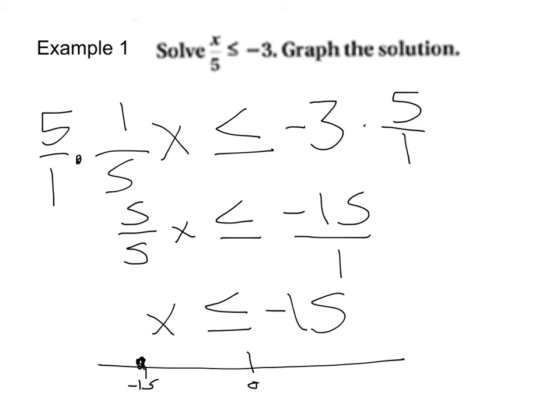So I'm going to draw a shaded circle and shade the direction that I'm going. I know that everything that is less than negative 15 will be a solution.